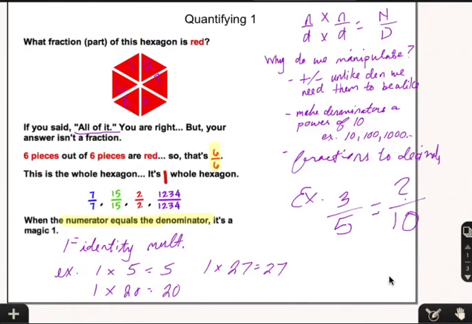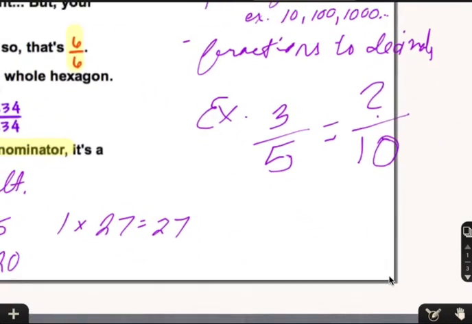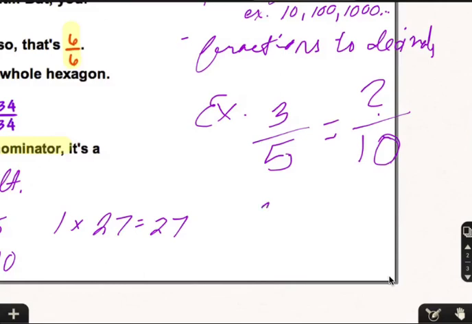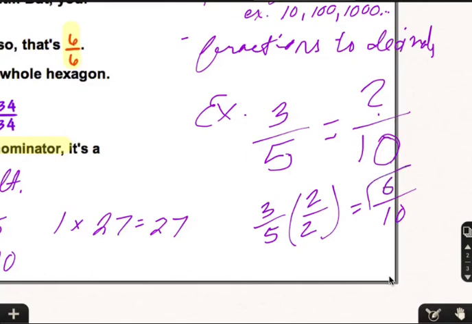How can I change it from 3/5 to be something over 10? Well, I use my magic 1. 3/5 times what number will equal 10? Well, hopefully, you know that 5 times 2 equals 10. So all I have to do is fill in the 2 in my numerator to do 3 times 2 equals 6. And now I have an equal fraction to 3/5, but that has a power of 10 in my denominator.